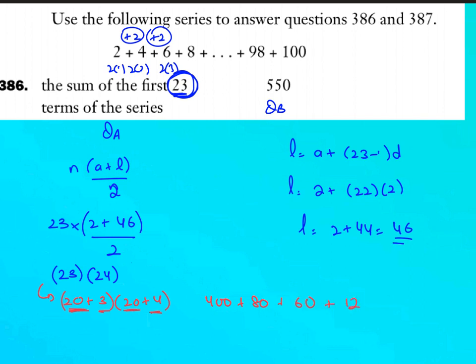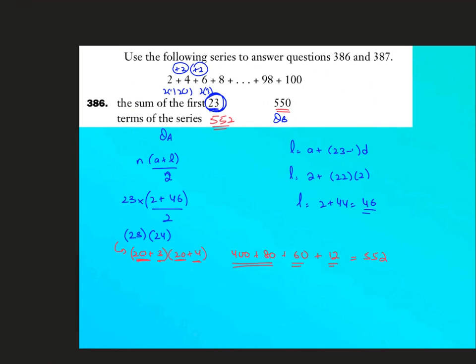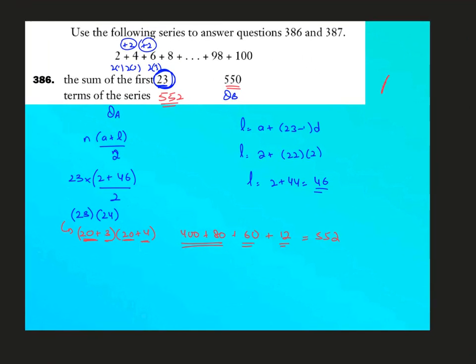So that's 480 plus 72, which is 552. So this quantity is 552. This is just 550. So clearly quantity A is greater. Hence the answer is A.